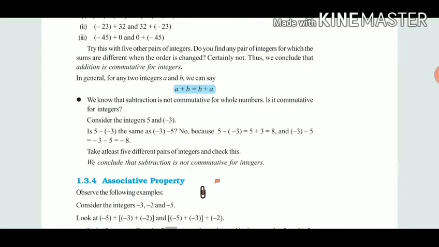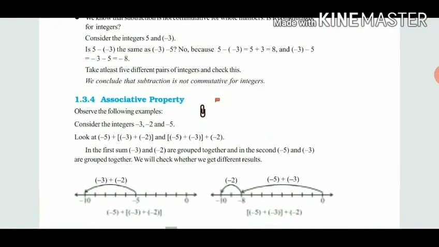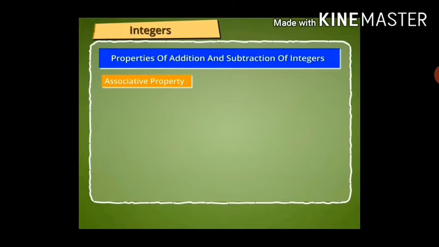Our next property is associative property. In associative property, we will take three integers. (-3 + (-9)) + 17. Solve the bracket, it becomes -12 + 17. That is equal to +5. On the right side, we will take the last two integers in the bracket, -9 + 17.